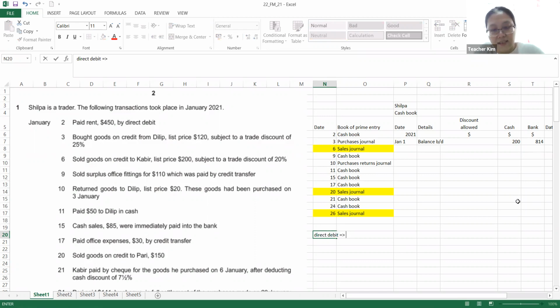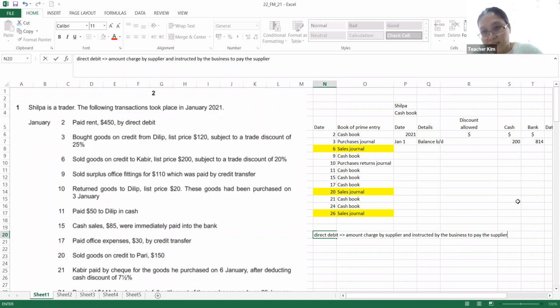Direct debit is the amount charged by supplier and instructed by the business to pay the supplier.